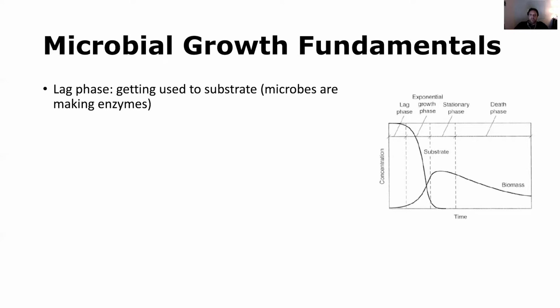There's going to be a few distinct phases of growth that take place. The first phase is called the lag phase. So this is where the microorganisms are kind of getting used to the substrate. They're getting used to the conditions. At a molecular scale, this means that the microbes are making enzymes to break down the compounds that are in the wastewater. The growth is somewhat slow during this phase.